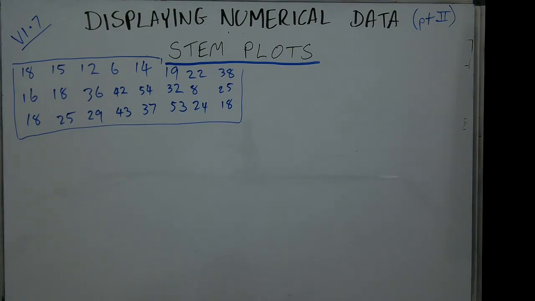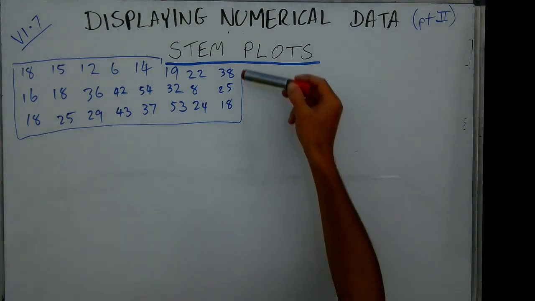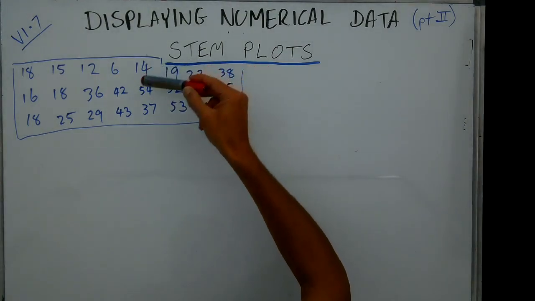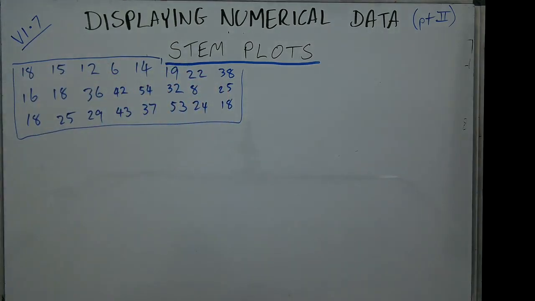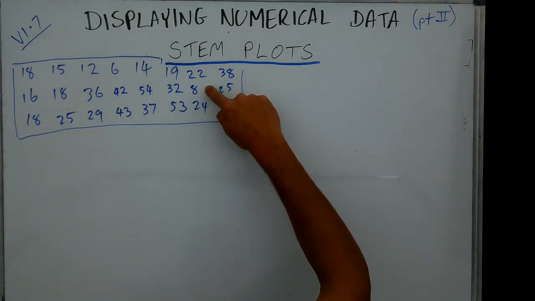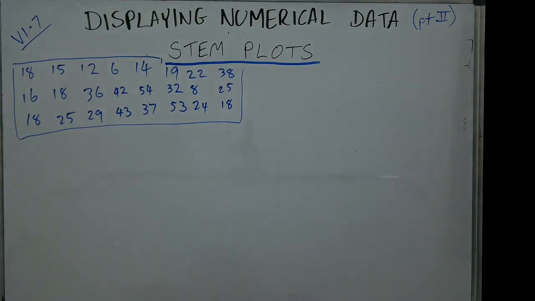I notice that there's an 8 in here, and how big do they get? 54, 53. Okay, so the numbers range from single digit numbers up to numbers in their 50s. So that's going to inform me on how I'm going to group all this data.